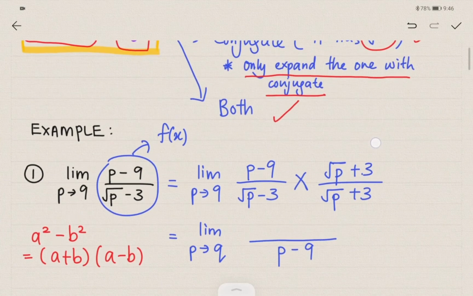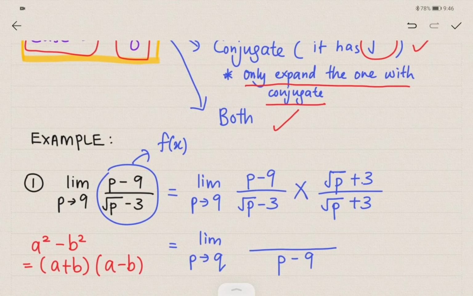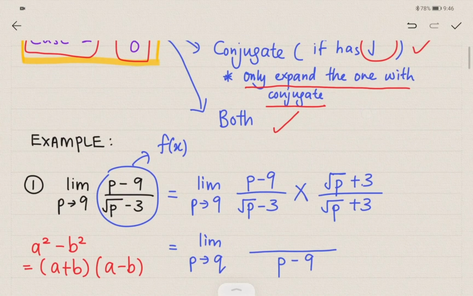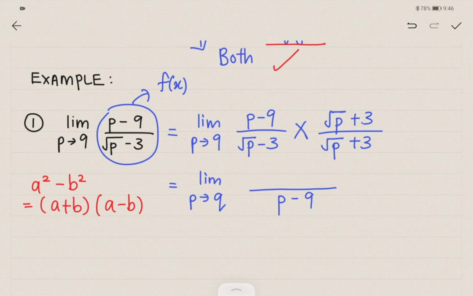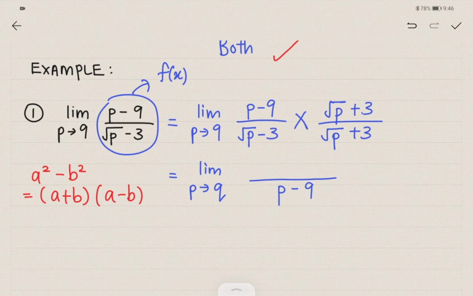This is the one that we want to expand, because we only expand the one with conjugate. From the question you can know the conjugate is at the denominator, so we only expand the denominator. For the numerator, we can just copy down.